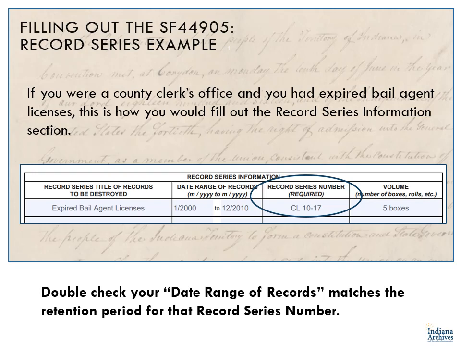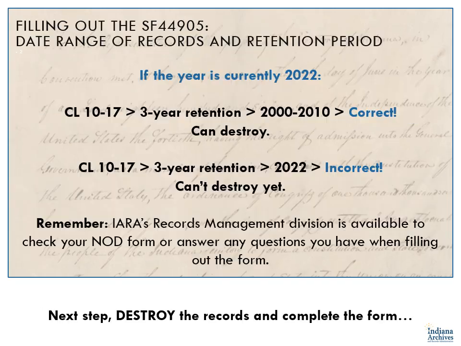Having looked at the record series on the retention schedule, CL10-17 can be destroyed 3 calendar years after expiration of license. So always double check your date range of records matches your retention period. In this case, CL10-17 has a 3-year retention, so our date ranges match up.